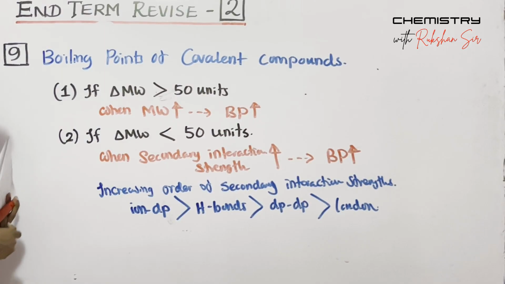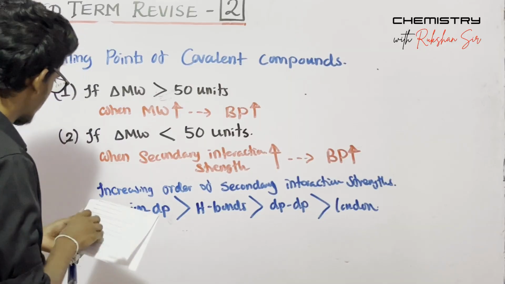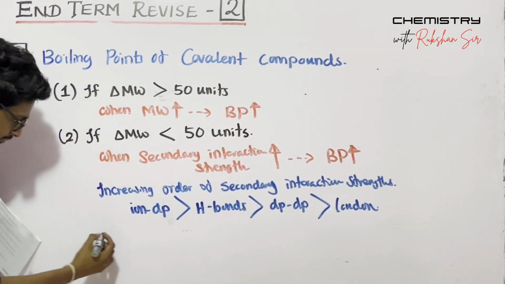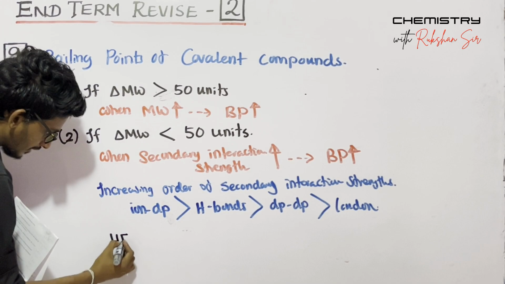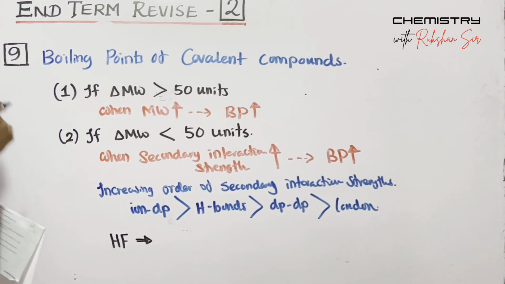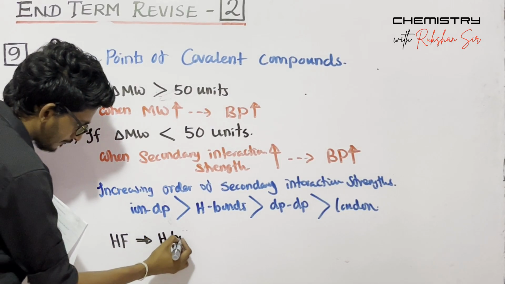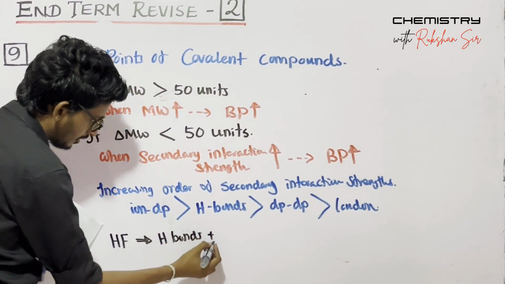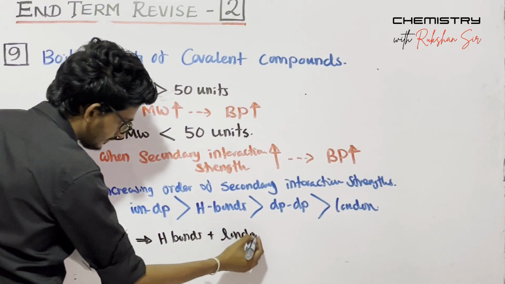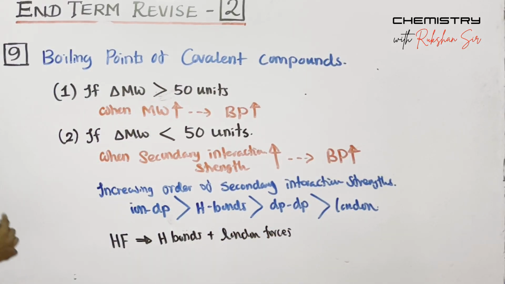If you compare the species here, HF and HCl: in HF, the secondary interactions are hydrogen bonds and London forces, because HF is a molecule like this.